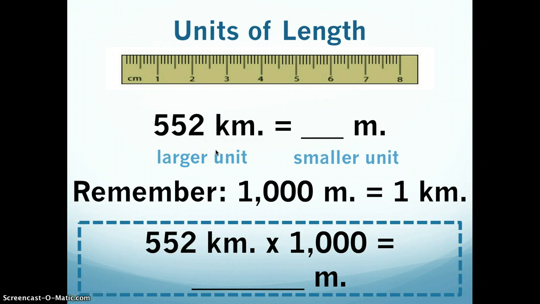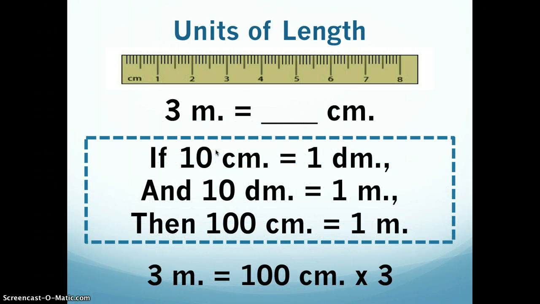We're going to remember that 1,000 meters is equal to 1 kilometer. So we multiply 552 times 1,000. Remember to add your 3 zeros, and you end up with 552,000 meters. Now, sometimes you're going to have to do more than one step.